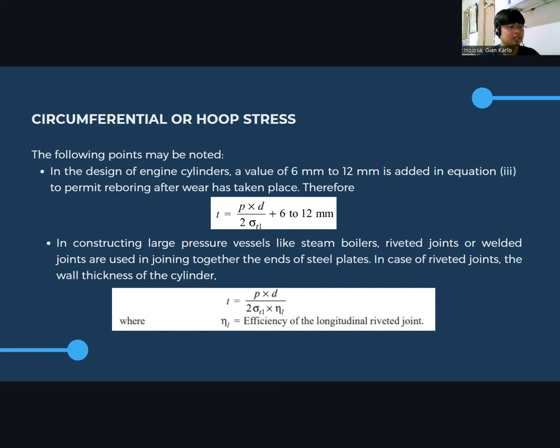And in constructing large pressure vessels like steam boilers, riveted joints or welded joints are used in joining together the ends of steel plates. In case of riveted joints, the wall thickness of the cylinder is equal to the internal pressure times the diameter over 2 times the circumferential stress times the efficiency of the longitudinal riveted joint.